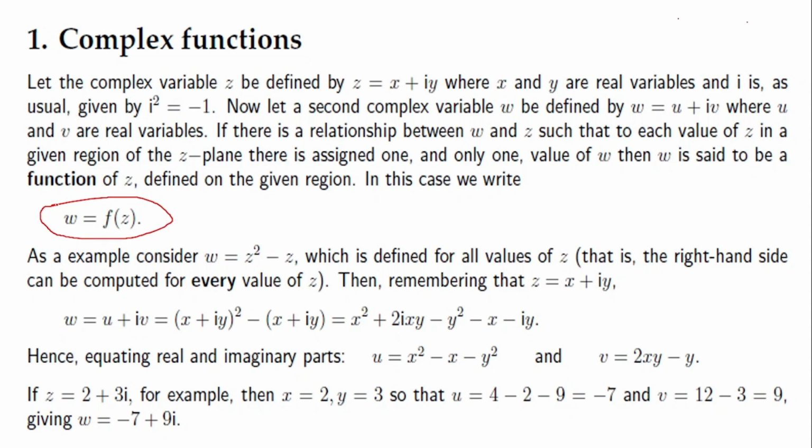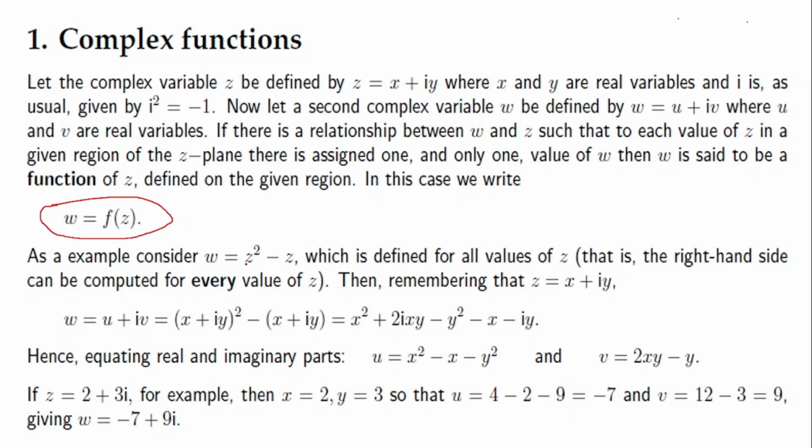Now, let's take, for example, consider this function. W is equal to what? Z squared minus Z. This function is defined for all values of Z. There is no value of Z you put here that this function will be undefined. If you like, you put 0, 0 is a real number. 0 minus 0 is 0.